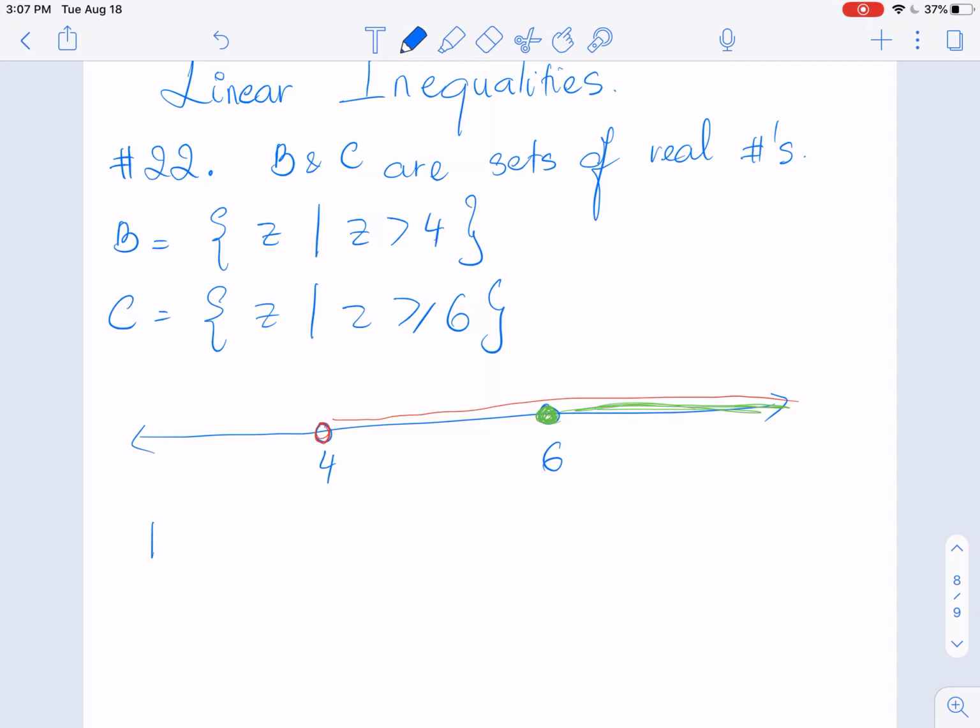For the union, anywhere you see colors, that would be the union. So starting at 4, you see color. Notice that I have an open parenthesis because 4 is not included.